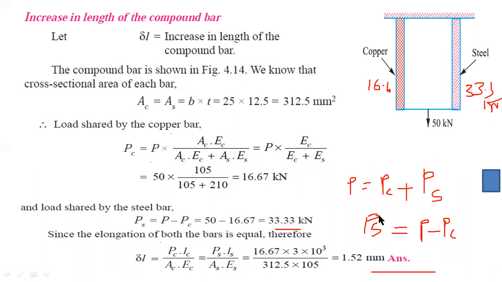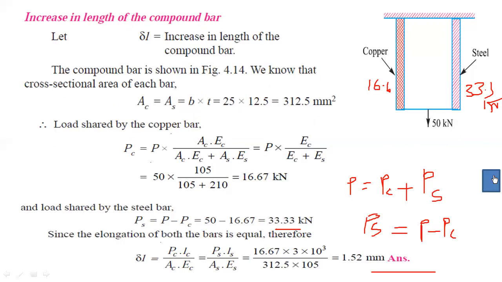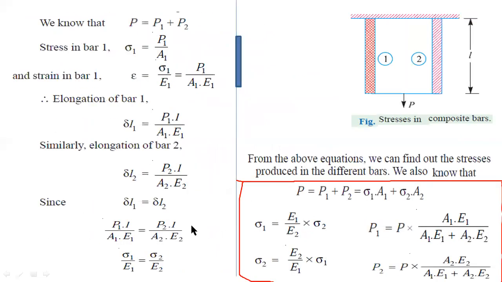Okay, this is one answer, and then you have to find the stresses induced in the copper bar and steel bar. So the stresses produced in the steel and copper bar you have to find here. Sigma s is the stress induced in the steel bar. We already discussed this previously.